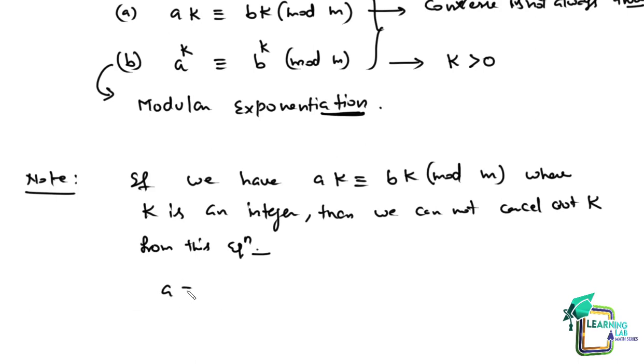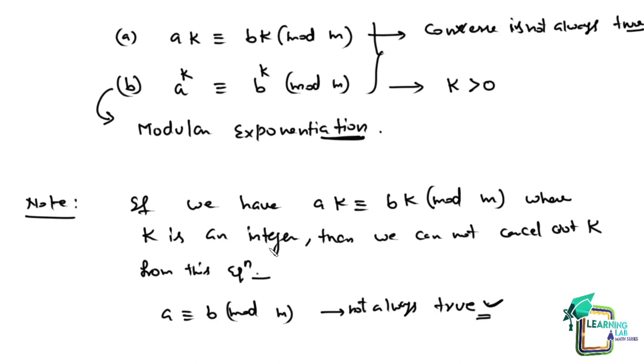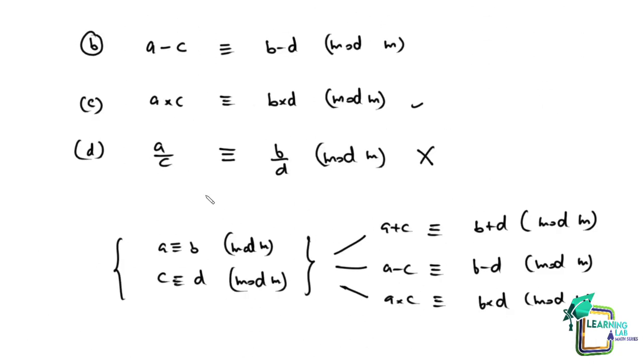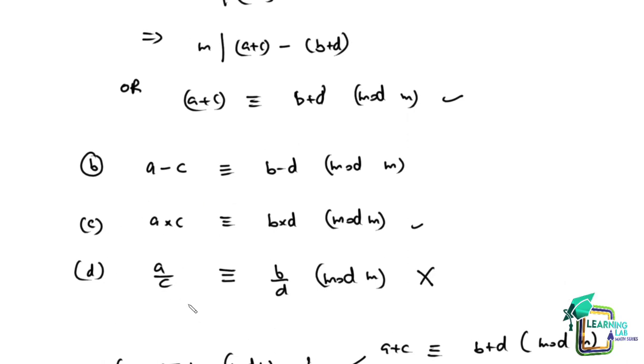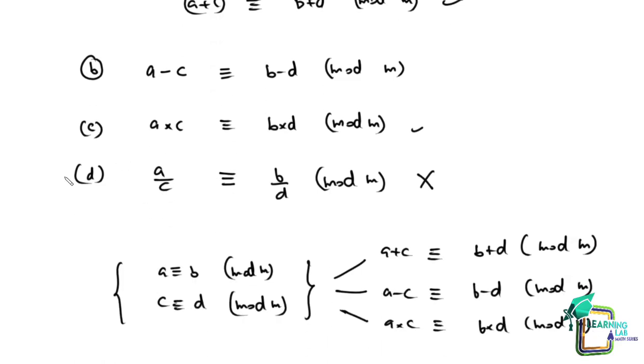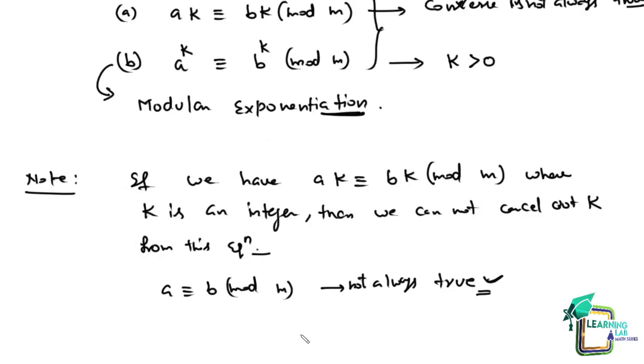That means A is congruent to B mod M is not always true. We will discuss this with the property of modular division, right? Modular division and this one, both are the same, so we will discuss these two in the next video.